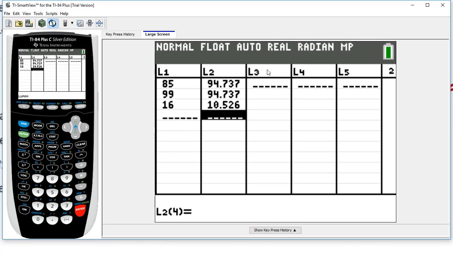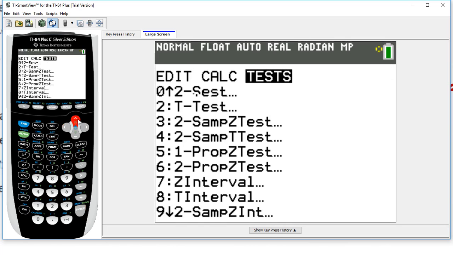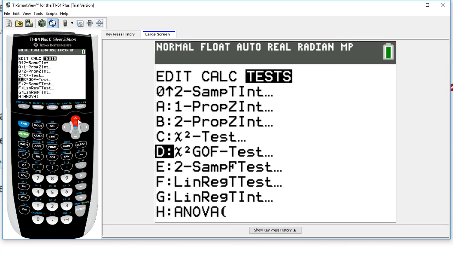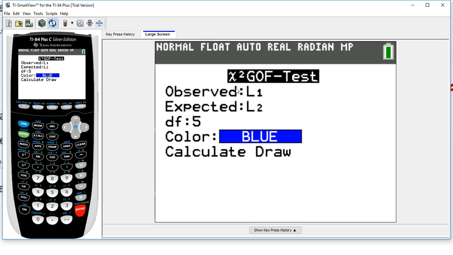Now, in the past, I've shown you how to do L3, L1 minus L2 squared over L2, but I am going to do stat tests, chi-squared GOF test, because this is the type we decided. Now, you do have to put the expected yourself, and the observed we already did, and you do have to enter your own DF. So it's categories minus 1, there's 2, and then calculate, and it will do all the rest for you.